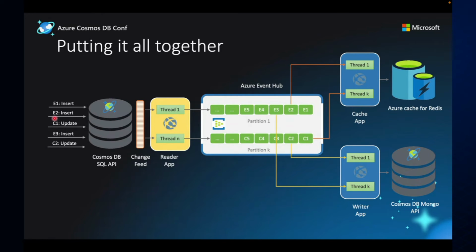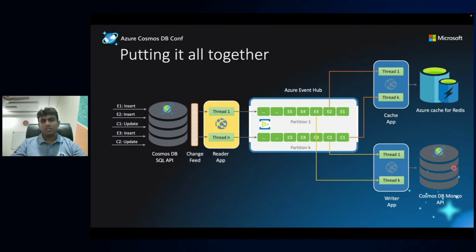The idea is that any updates happening in the Cosmos DB SQL API database should be propagated instantly to both the cache and the MongoDB. In the process, there could be some transformation happening, and then the data would finally be updated on the targets. I call this the source and these two the targets. And as you can see, we leverage the change feed APIs from Cosmos in order to read the changes.